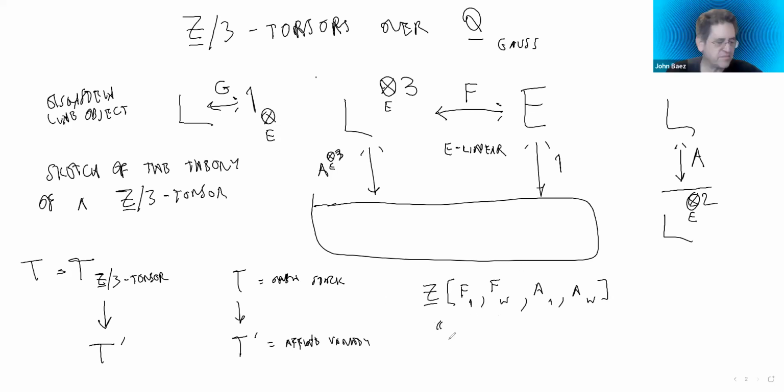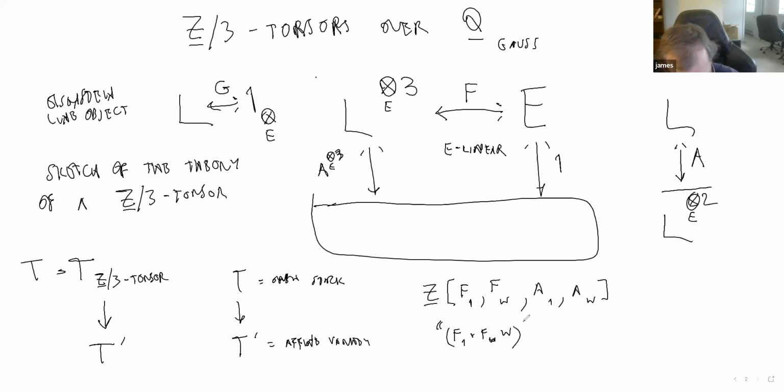So it's like (F1 + FW·W) squared times (A1 + AW·W) cubed is equal to, I think it's negative F1 minus FW·W. Does that look like it's correct?